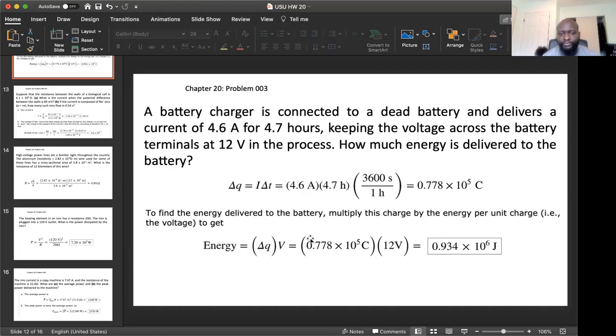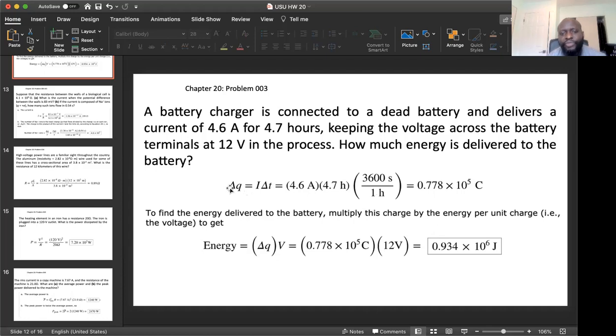Next, another way of calculating energy is just current times voltage times time. Is that okay? So we are doing the current times time to get delta Q basically.